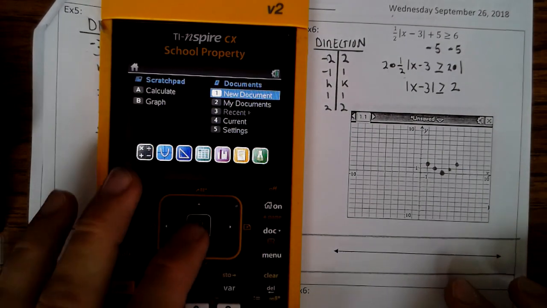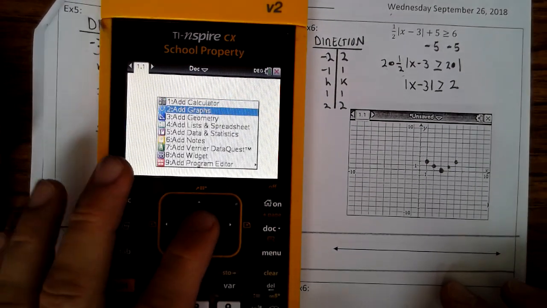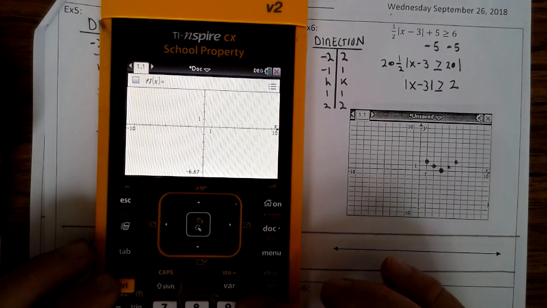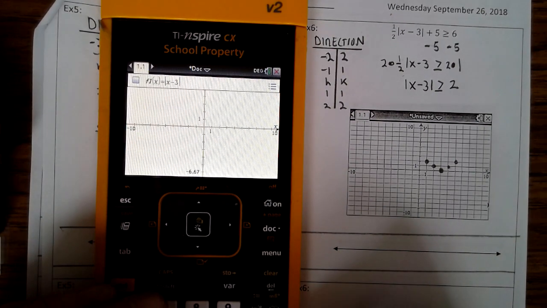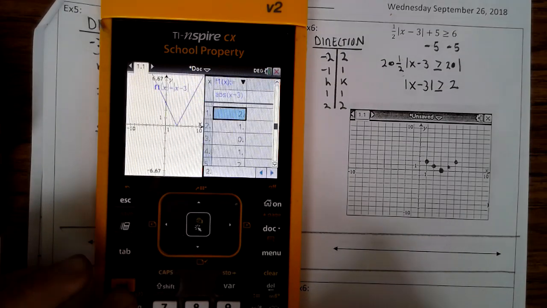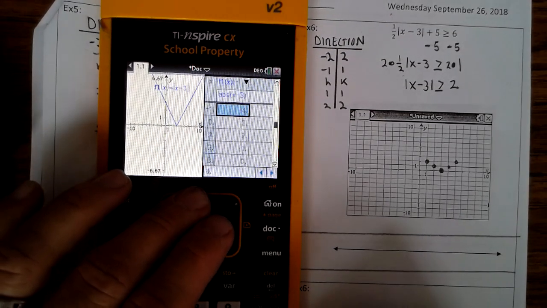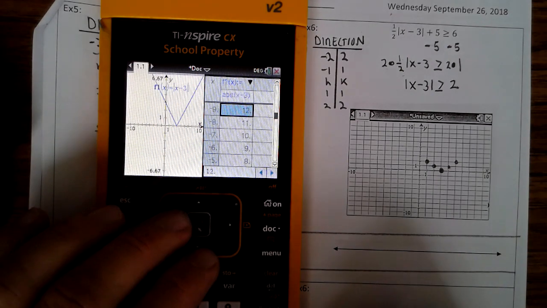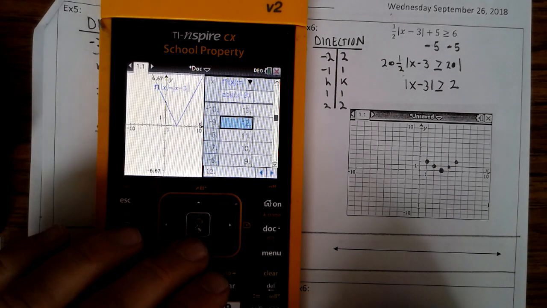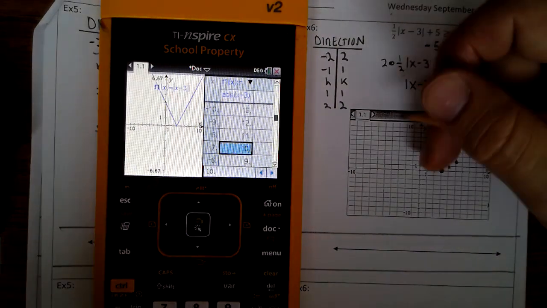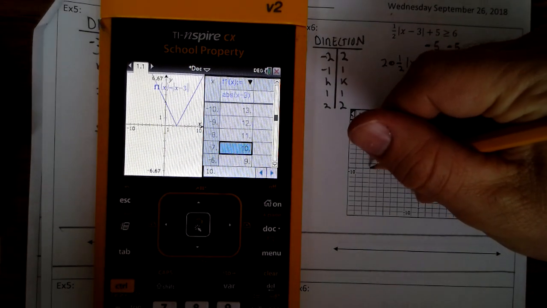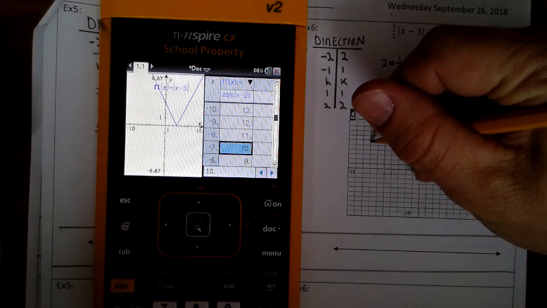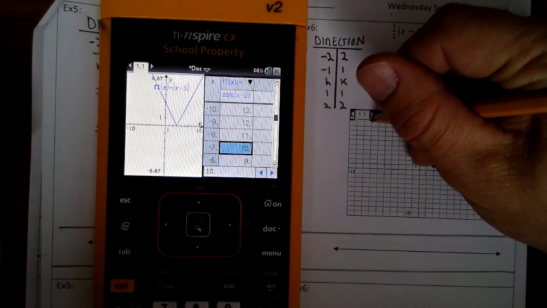So we go to on, new document, no, add graph, absolute value, x minus 3, control T, and then we're going to go all the way when x is -10. Can't use that point, it's too big. Can't use that point. -7, 10. So -7, 10.